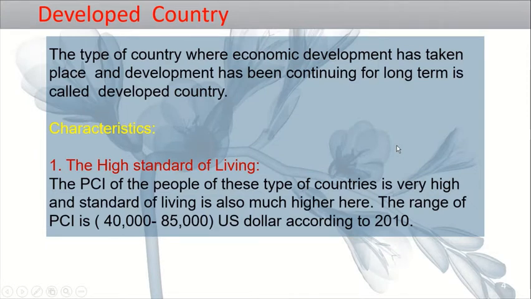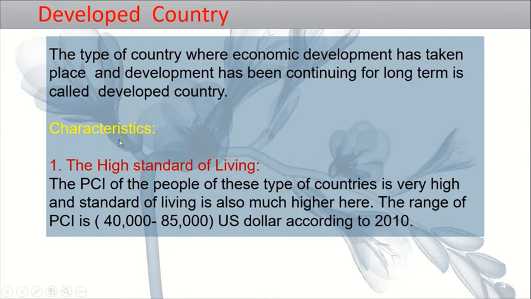At first, developed country. The type of country where economic development has taken place and development has been continuing for long term is called developed country. Here, you will learn the characteristics of the developed country. At first, the high standard of living.